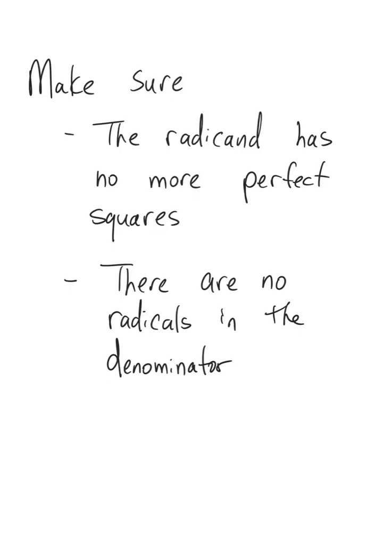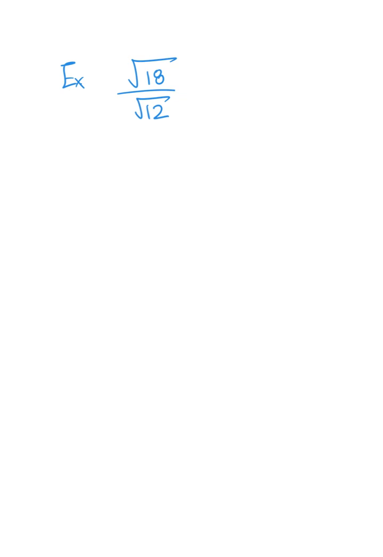So again, make sure the radicand has no more perfect squares in it, and make sure there are no radicals in the denominator. Now we're going to do a problem that has a denominator. You're going to do it the same way.